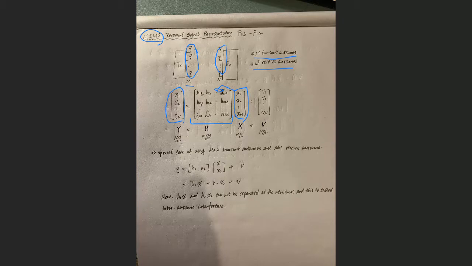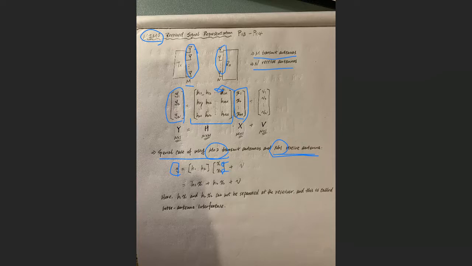So if we consider a special case of using two transmit antennas and one receive antenna, because we only have one receive antenna, we only have one time slot, so we only receive one signal here. But we transmitted two signals, x1 and x2.